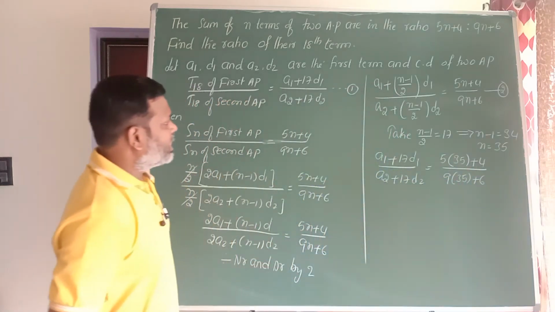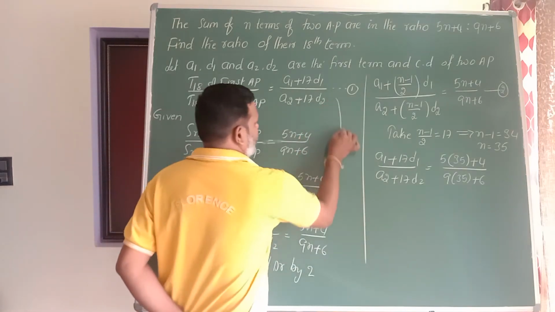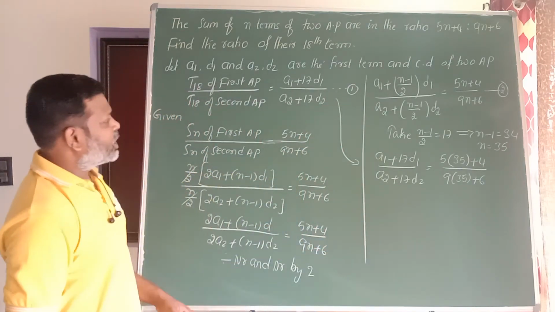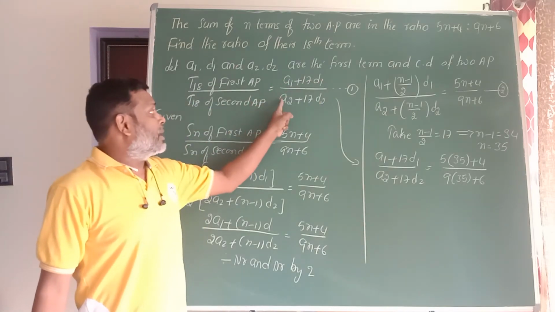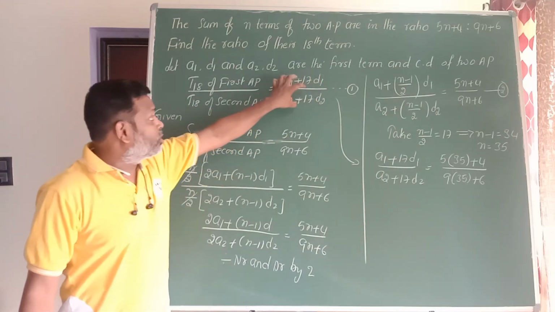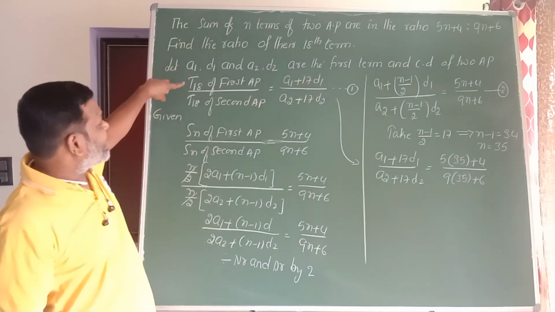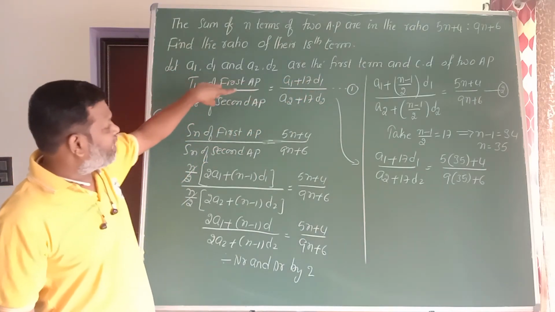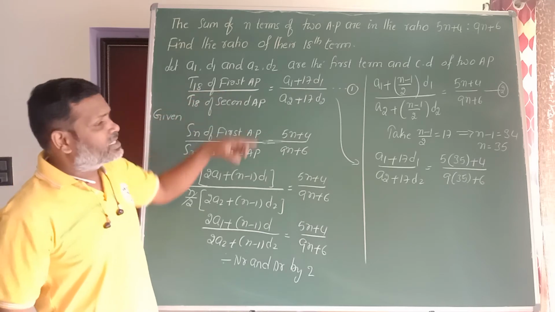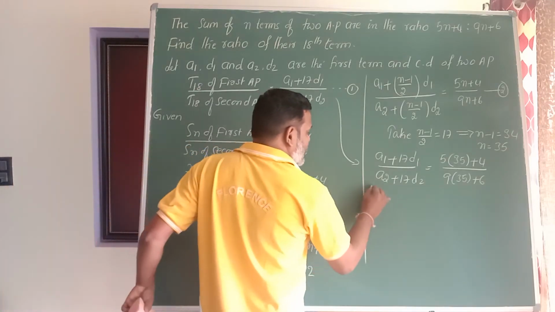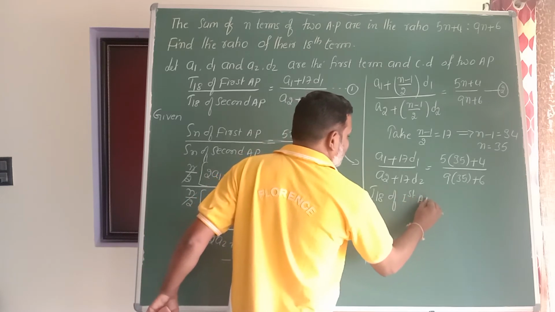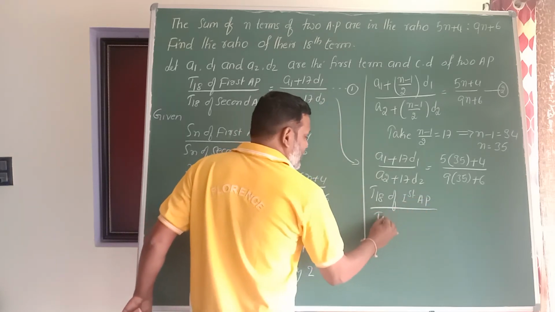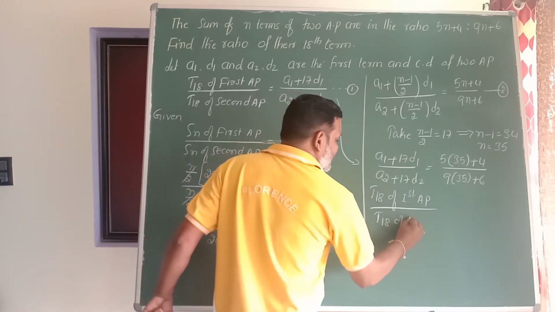So now observe, my dear student, from equation 1, (a1 plus 17 d1) divided by (a2 plus 17 d2) can be rewritten as T18 of first AP divided by T18 of second AP. Therefore, you can write T18 of first AP divided by T18 of second AP.